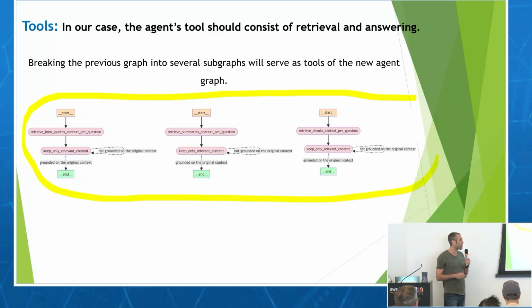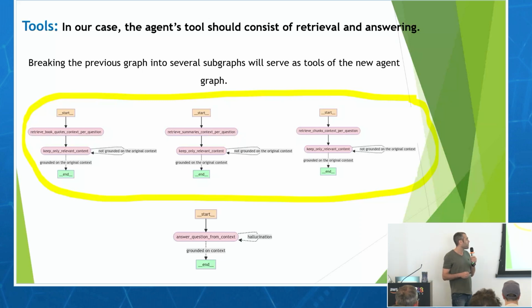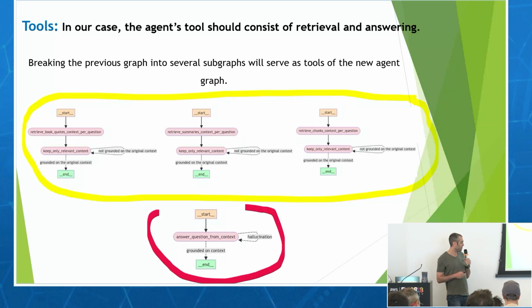So this is going to be a group of the retrieval tools that we're going to use. And we also want to have some answering tool, because on an intermediate step, we may want to ask our data something from the aggregated context that we are collecting along the way. Or also, when we finish the process, we want to look at all of what we got so far and use this in order to construct our final answer. So this is the second group.